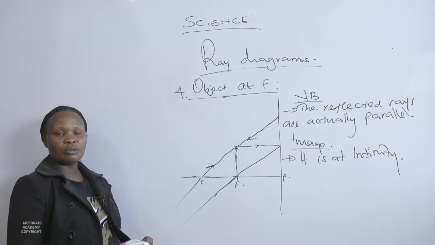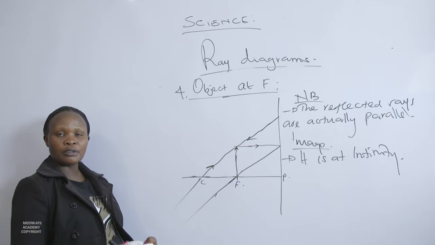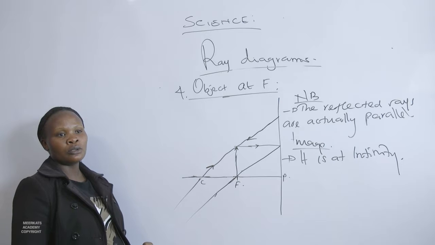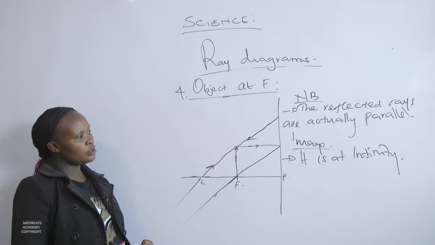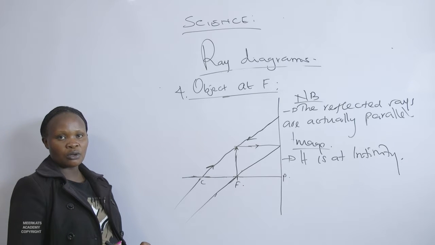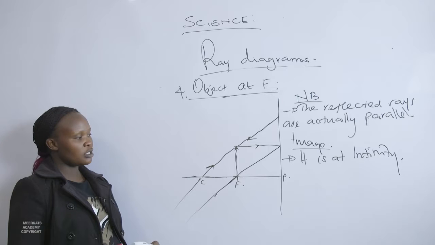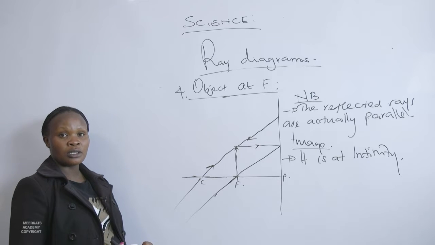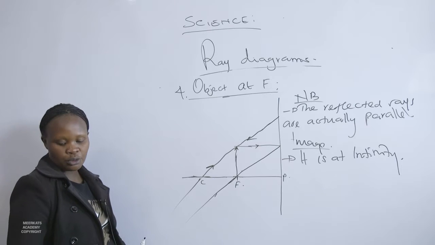And now that we cannot trace it, we cannot talk about the posture, the size, or anything else apart from the position. Therefore, that is all we could say. We cannot even describe the nature because we can't actually trace the image.